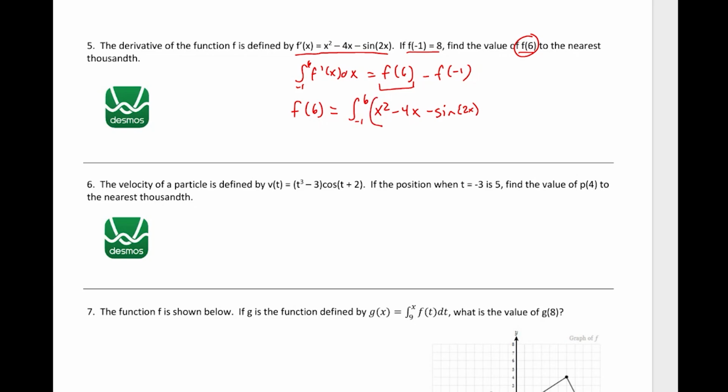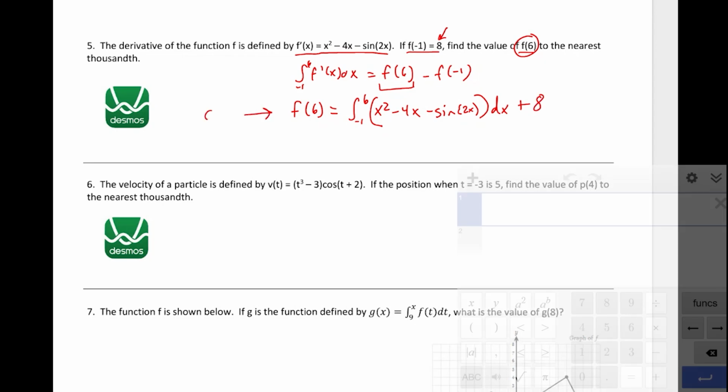Make sure that that whole entire expression is in parentheses and with a dx at the end. You'll get an error if you forget that set of parentheses. So we have that, and then we want to add f of -1, which is defined right here as 8.